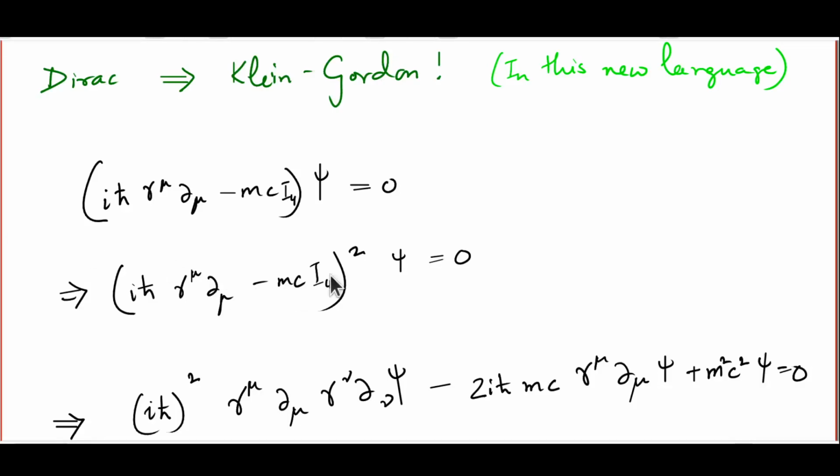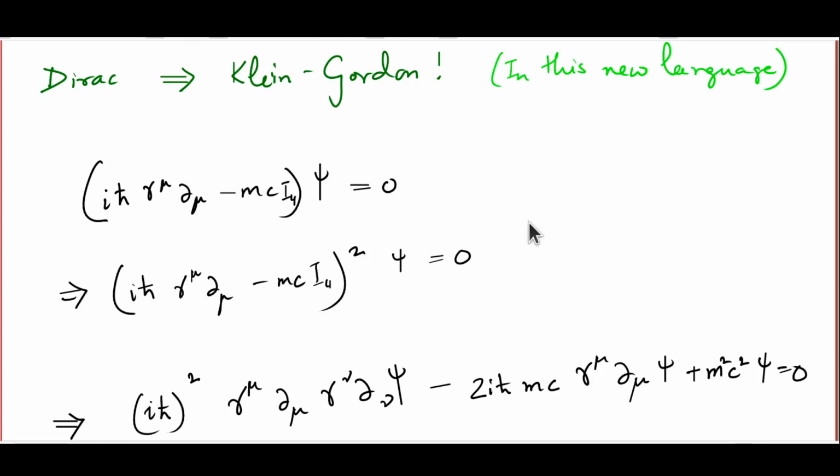The last one is the easiest to understand, it is just m squared c squared times the 4x4 identity acting on psi. And the middle term is simply the twice ab term, twice i h cross gamma mu del mu times mc psi. The mc can of course move out of the derivative and also across the matrices gamma mu because they are just numbers.